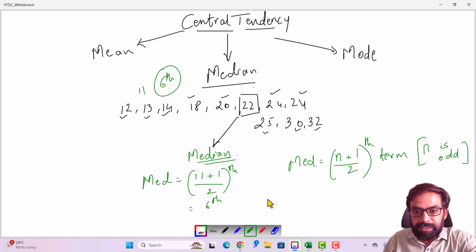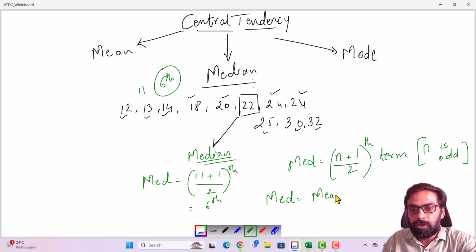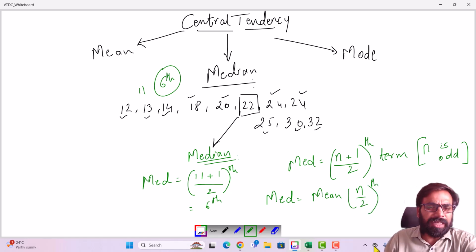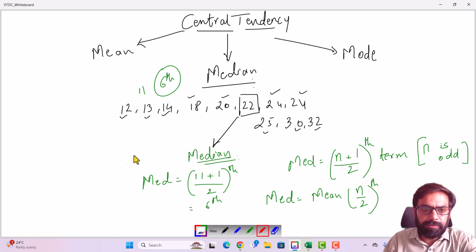But if n is even, the median will come out to be nothing but the mean, or the average, of the n by 2th term and the next one. Let's take an example first. I'll not include 32 this time. I'll talk about 12, 13, 14, 18, 20, 22, 24, 24, 25, and 30.